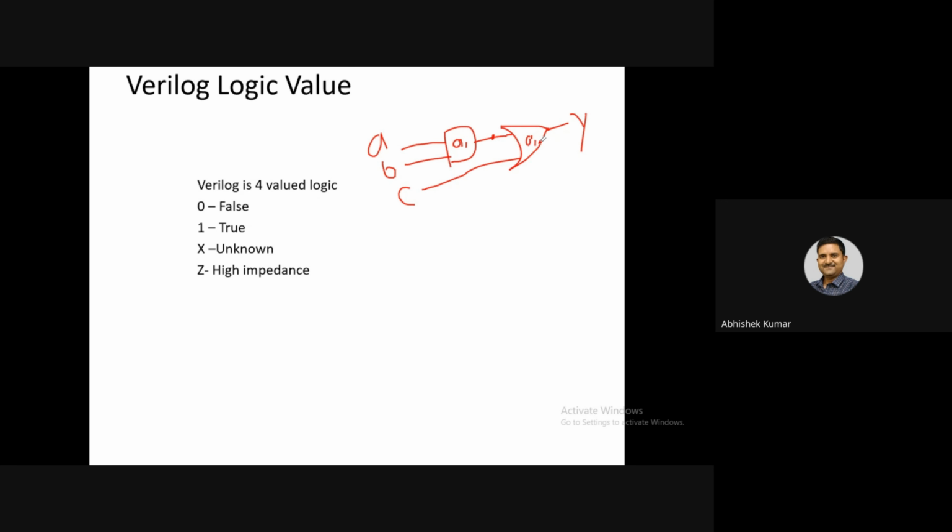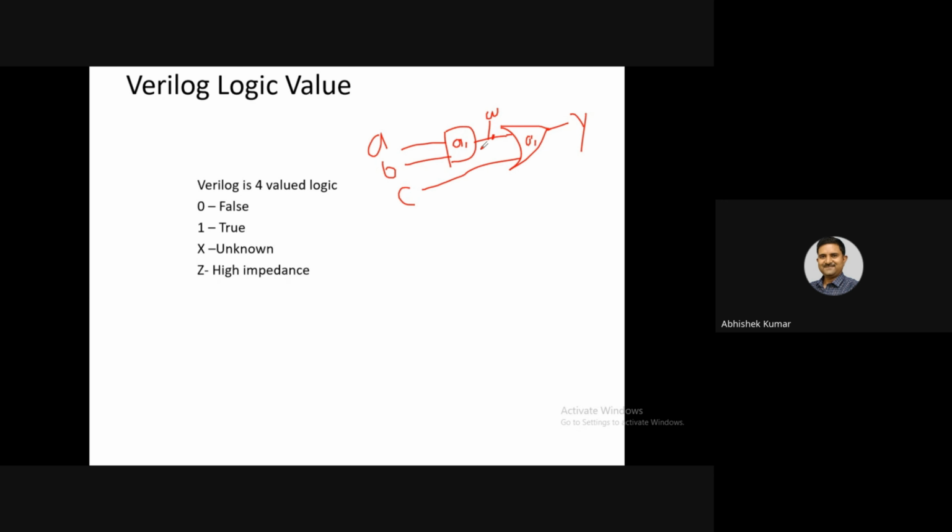Even though not compulsory, if you define it, it will be helpful for us. Now it is necessary that every connection or every signal must have some name. Like we are defining the name of input, name of output. This central connection, there is no name defined, so it will be declared as wire.